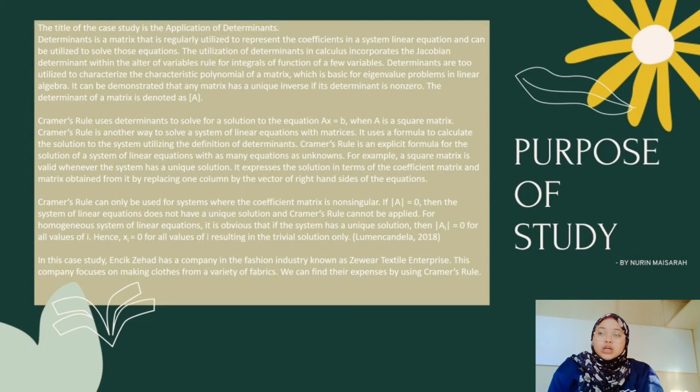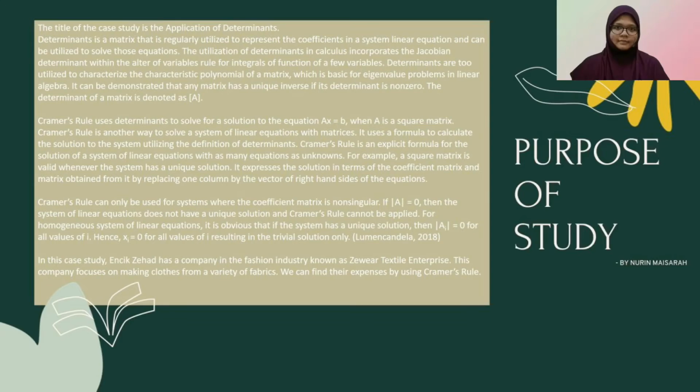In this case study, Encik Zahid has a company in the fashion industry known as Zeware Textile Enterprise. We will find the expenses, or the amount of their cost, in 3 weeks.